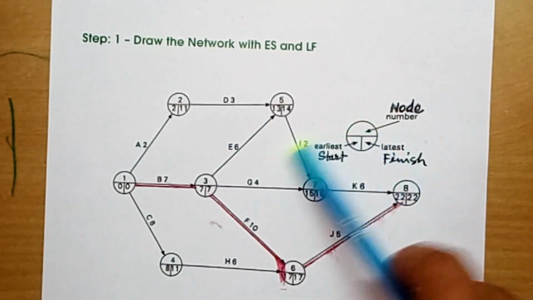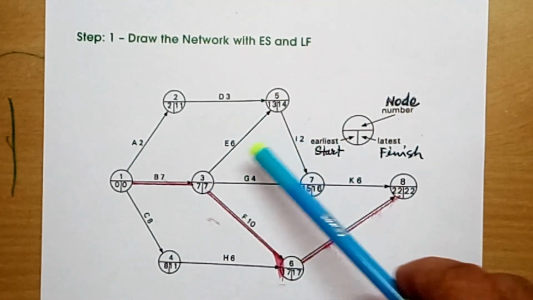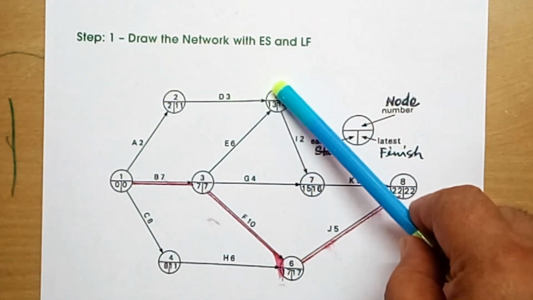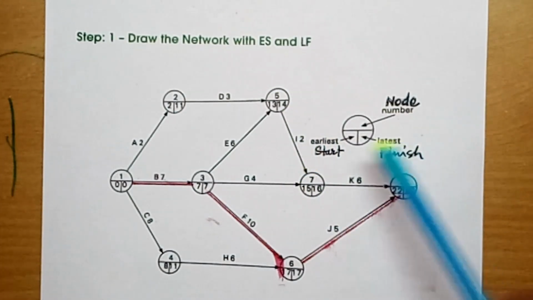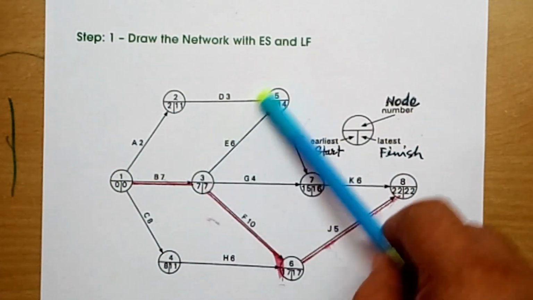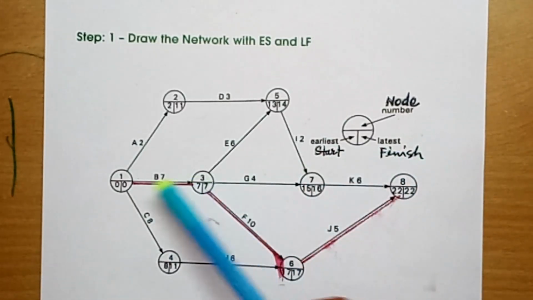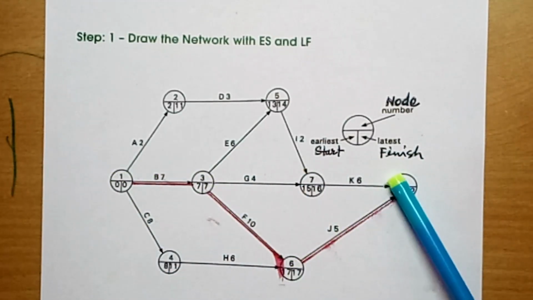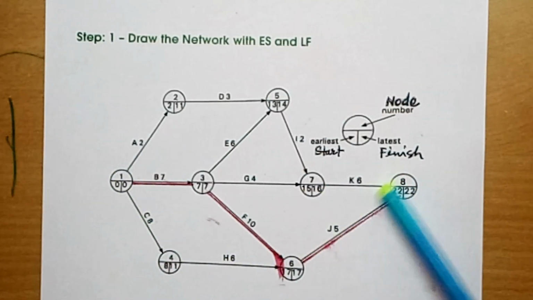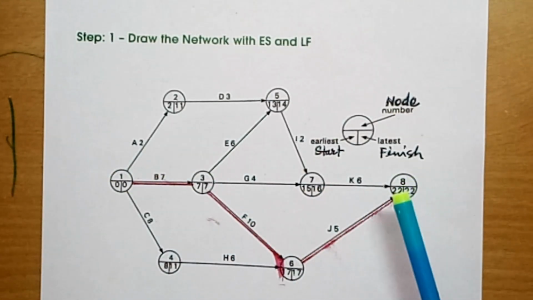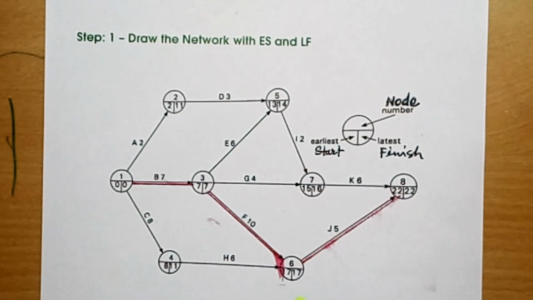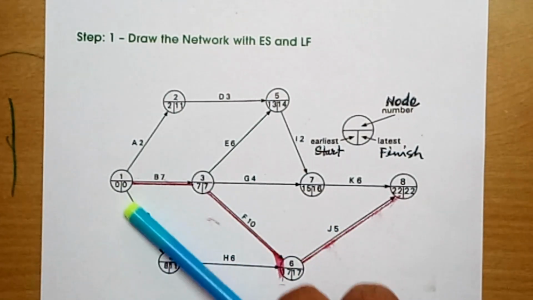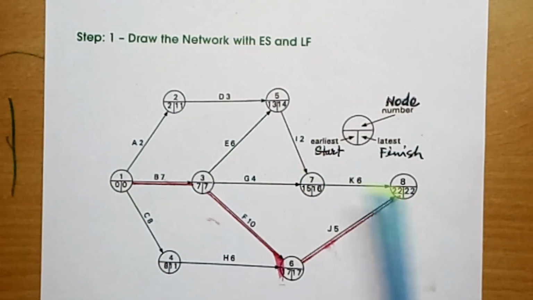These are the paths. This is one path, this is another path, and this is another path. This is another path, this is another path. So these are the different paths from start to finish to complete the project.